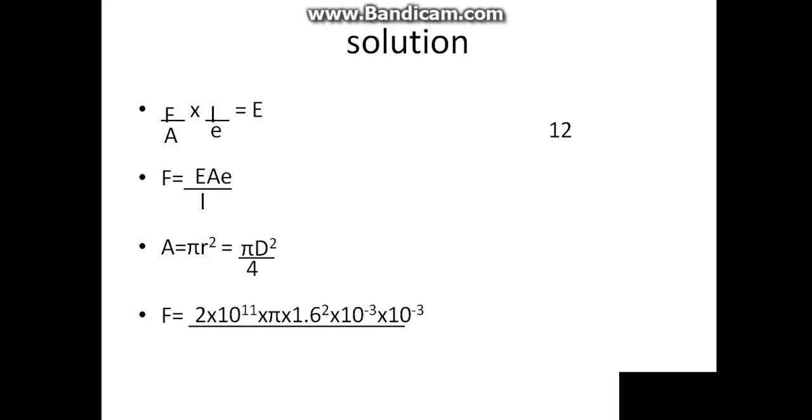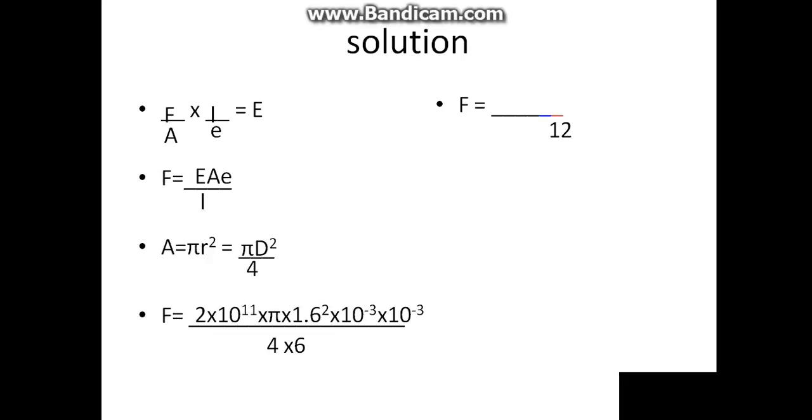Solution. F over A times L over e is equal to E. F is equal to EAe all over L. A is equal to pi r squared, which is equal to pi d squared over 4. F is equal to 2 times 10 raised to the power 11 times pi times 1.6 squared times 10 raised to the power minus 3 times 10 raised to the power 3 all over 4 times 6.